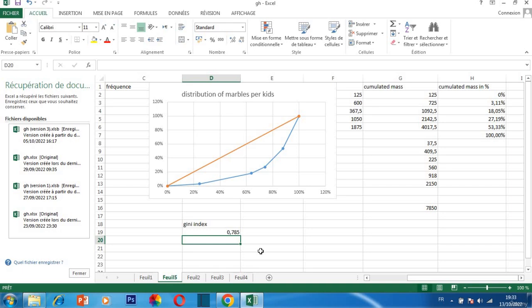For example, in this example right here, the kids don't have an equal distribution of the marbles. For example, 25% of the kids have only 3% of marbles. Here we have 64% of the kids have only 80% of the marbles.